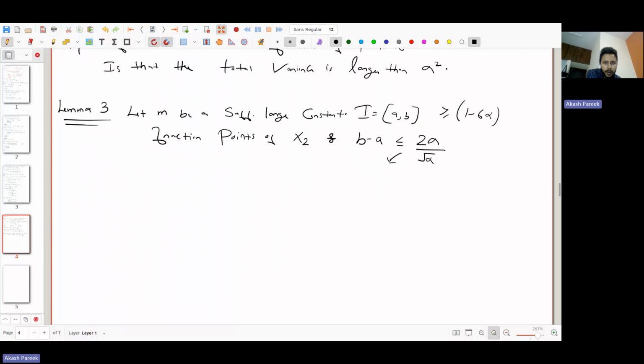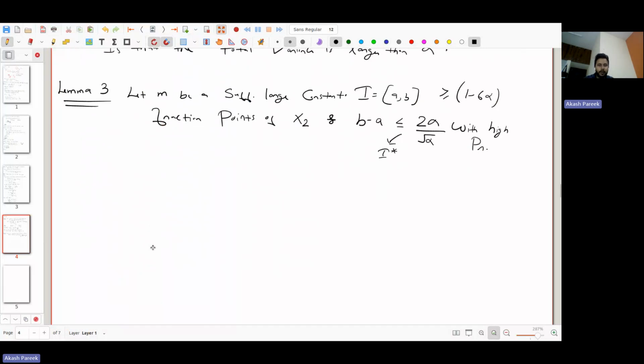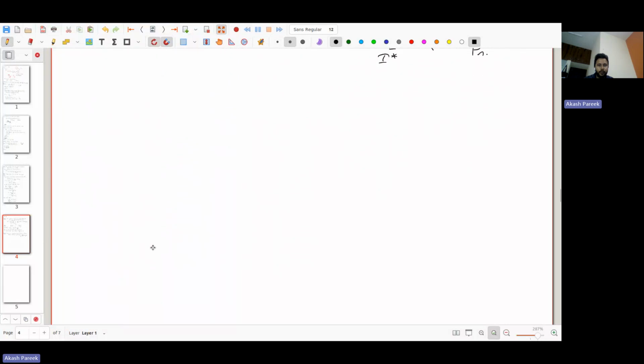This is smaller than I star, right? Because I star is 2 sigma by root alpha. This is with high probability. So we want to prove that the interval that we considered earlier has a lot of points in it, at least 1 minus 6 alpha fraction of points of x2. Let's prove this thing.